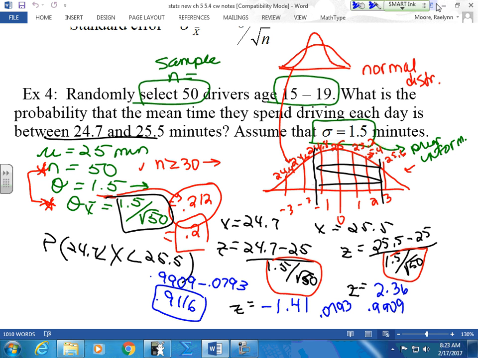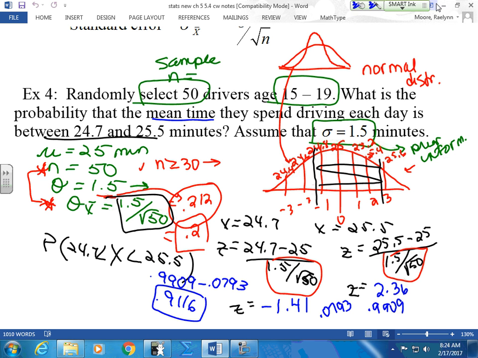Now, what does this mean? If you go back to the problem, it says, what is the probability that the mean time, they want the mean time of all their sample means, will fall between 24.7 and 25.5? We have a very high probability, about a 91% chance that these sample means will fall between 24.7 and 25.5.